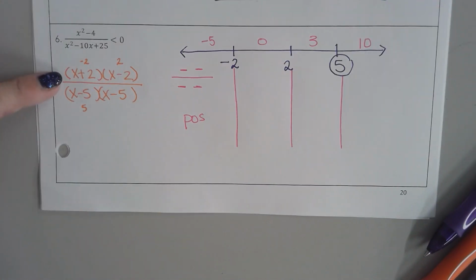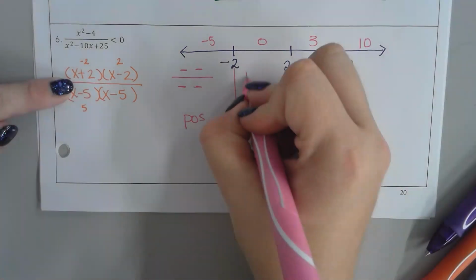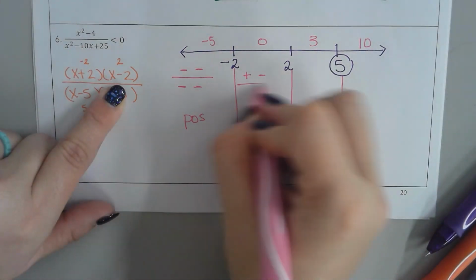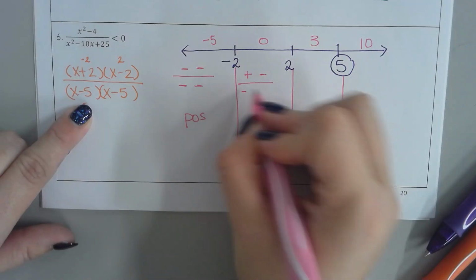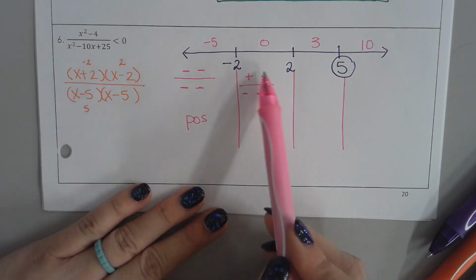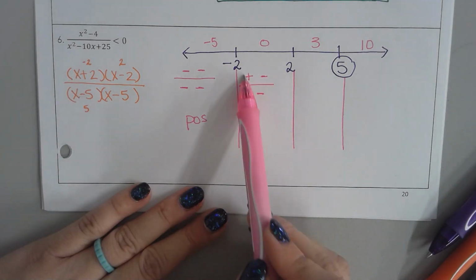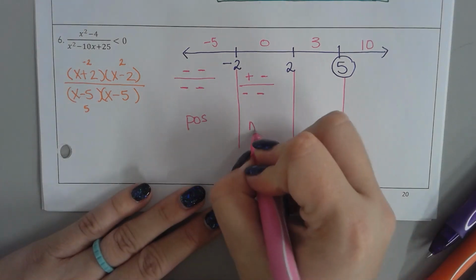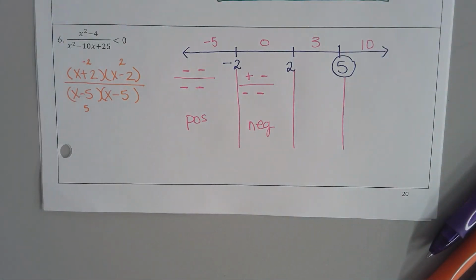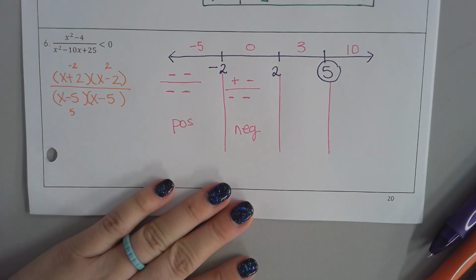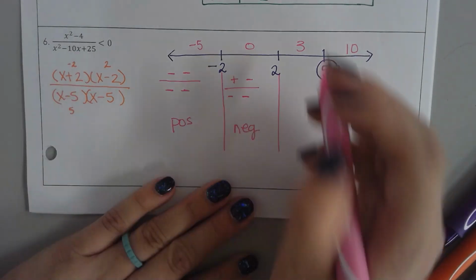If I plug in 0, I've got positive. 0 minus 2 would be a negative number. Minus 5 would be negative and negative. So this one is a negative over a positive, which is a negative number. If I plug in a 3, I would have 3 plus 2 is 5.